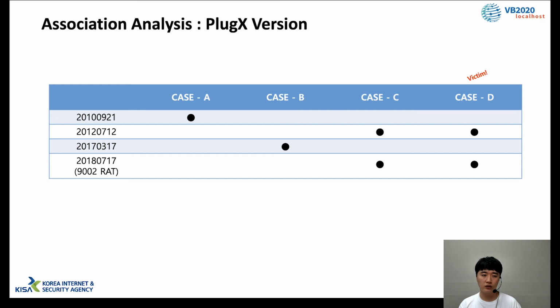The attacker used PlugX in most supply chain attacks. PlugX is used by many Chinese-based APT groups, including the BARIUM APT group. We obtained various versions of PlugX through analysis.